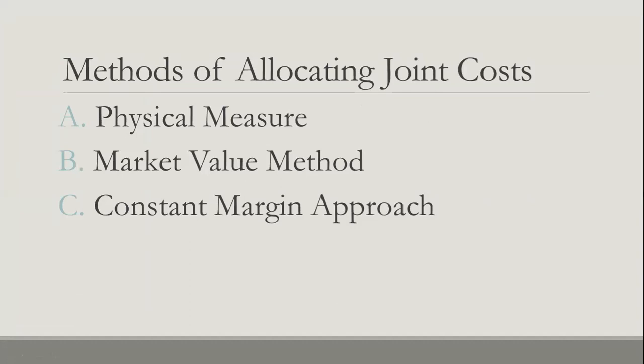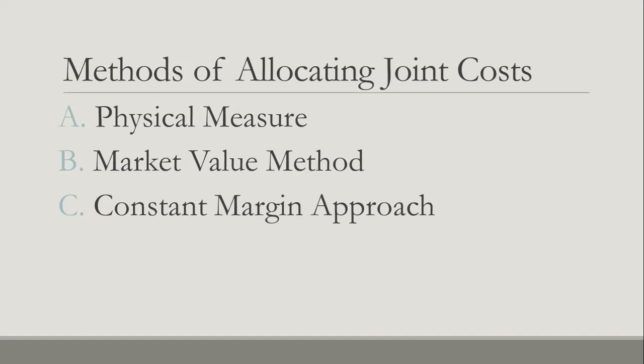Joint product costs must be allocated to individual products in order to determine the ending work in process and finished goods inventories, cost of goods manufactured and sold, and gross profit. As mentioned earlier, specific identification is not possible. Therefore, an appropriate method must be used to allocate a portion of the joint costs to individual joint products.